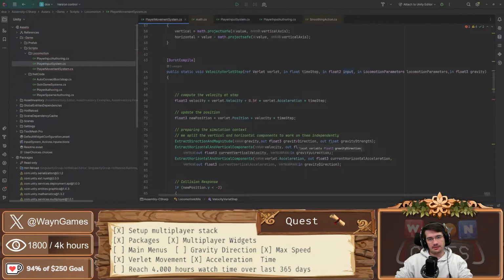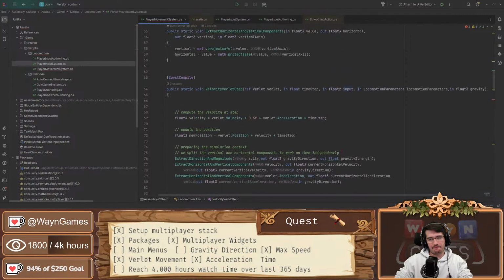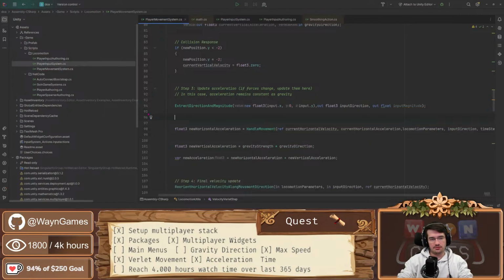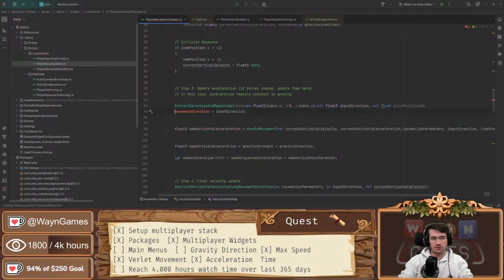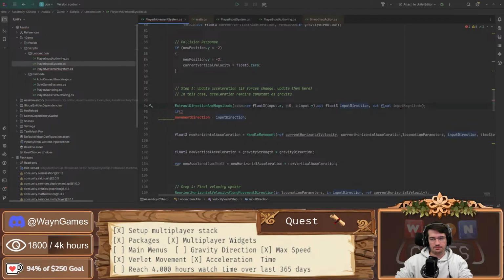And I have too many things called input. Let's actually call a new variable movement direction, because that's what it will be. And the movement direction will be equal to the input direction if the magnitude is above 1.